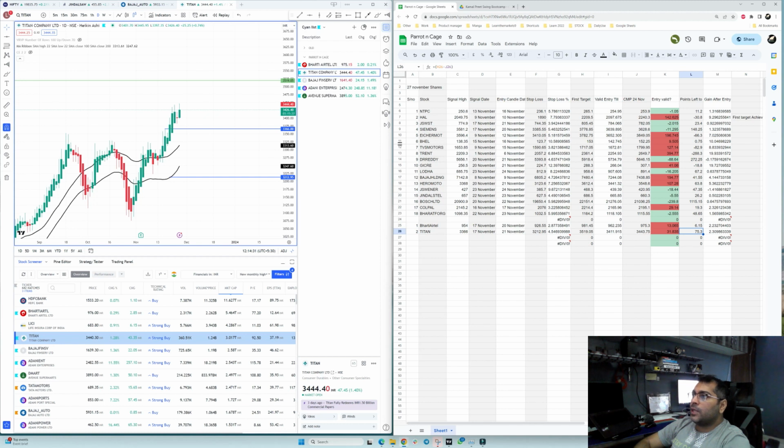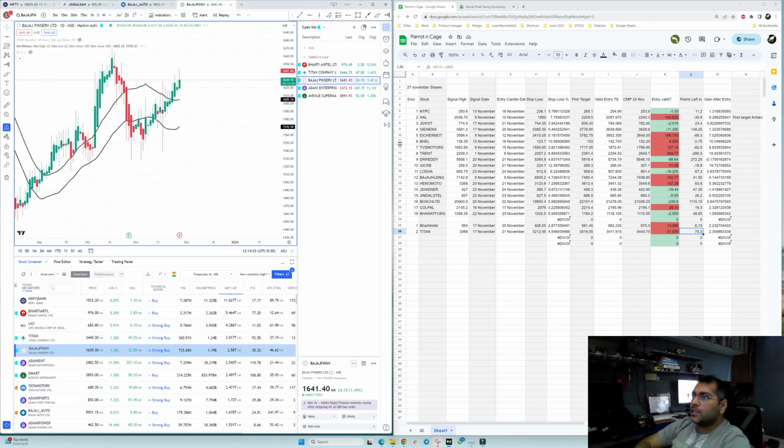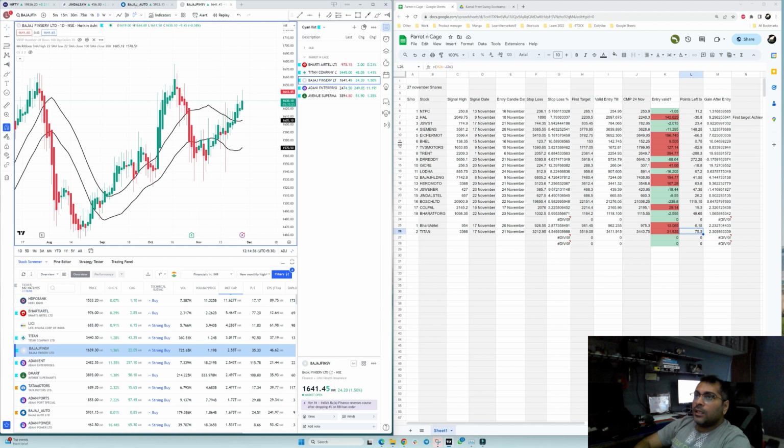Let's take one more example. Let's take Bajaj Finserv. This is Bajaj Finserv. It has a valid entry. This is the signal line on 23rd of November. We would mark this with our ray.